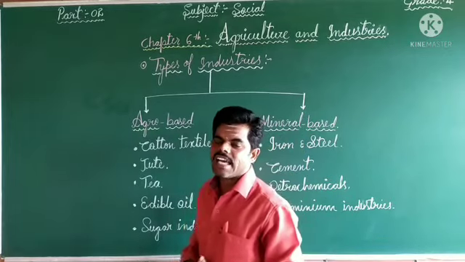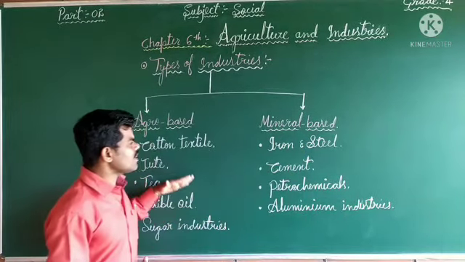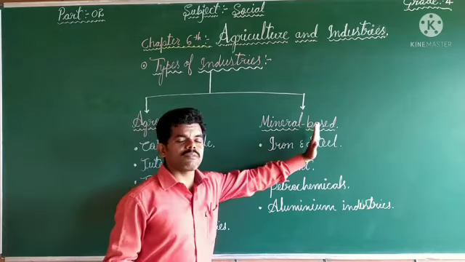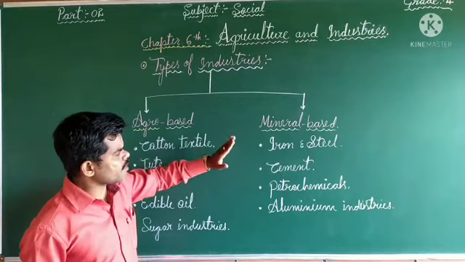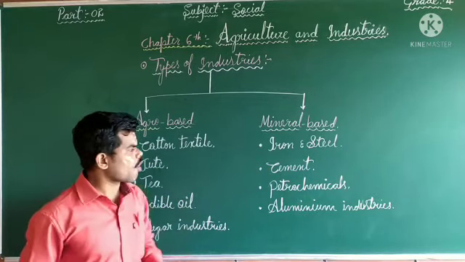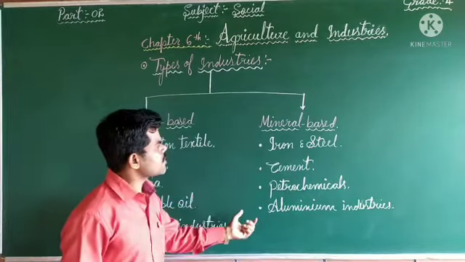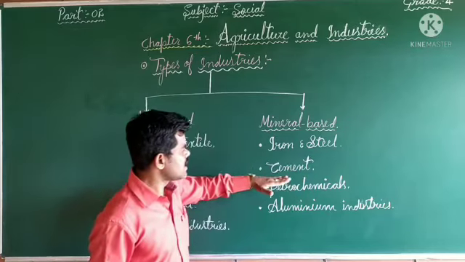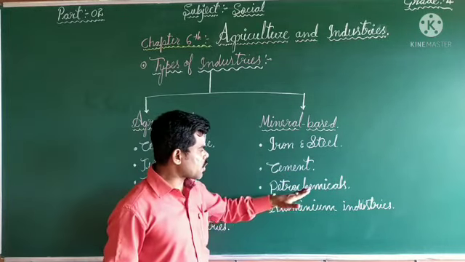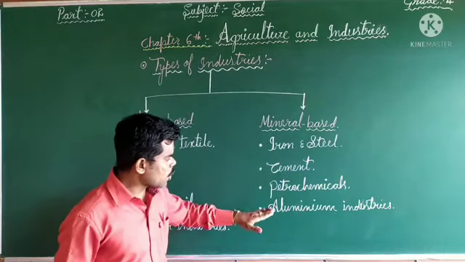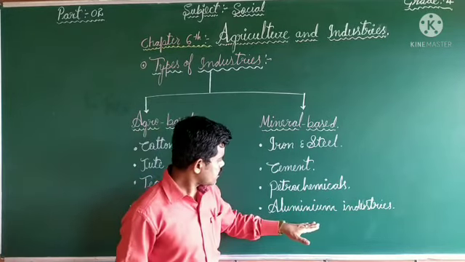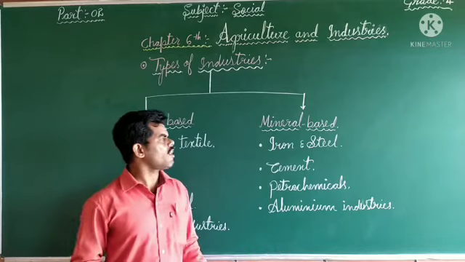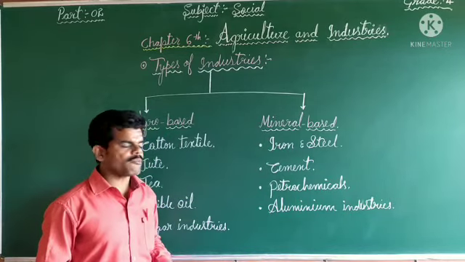These are the examples of agro-based industries depending on the raw materials. The next one is mineral-based industries, which also depend on the raw materials. The best examples of mineral-based industries are iron and steel industries, cement industries, petrochemical industries and aluminium industries.